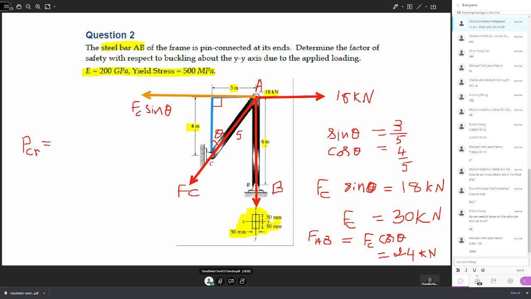So critical load for the buckling. So you can use the formula pi square EI over effective length square. So you can calculate the critical load.